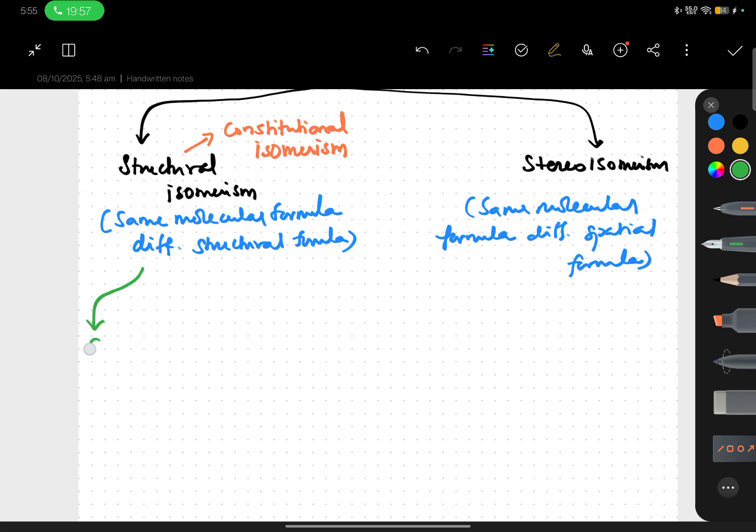Number one, chain isomerism. Position or positional isomerism. Functional isomerism.